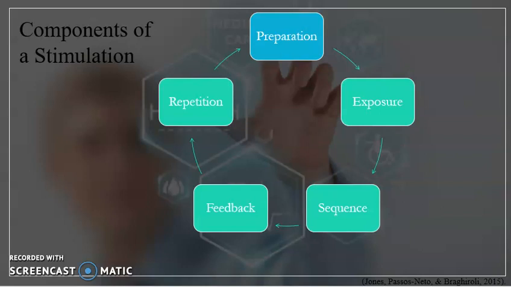The third core component is feedback, and it refers to the continuous exchange of information between trainer and trainee. This process takes place during or after the simulation. The instructor must be observant of the student's abilities and performance in order to guide the learning process. Finally, the last component is repetition, which provides improved retaining of knowledge learned during the simulation.